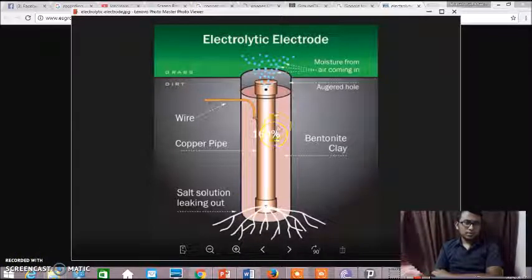This design is more beneficial because, besides the moisture from the air coming in, the salt solution leaking out and the bentonite clay are most helpful for the electricity to dissipate in grounding.